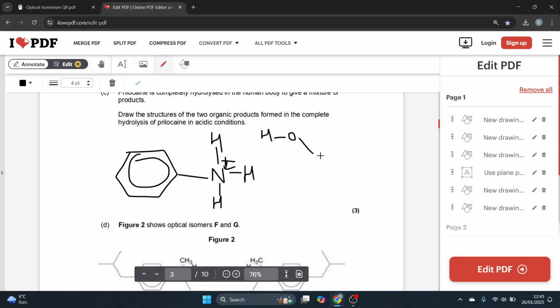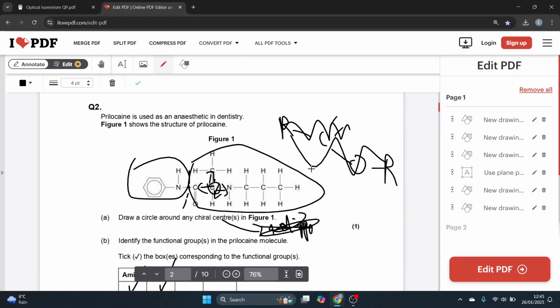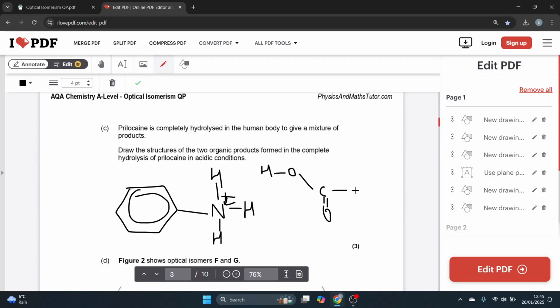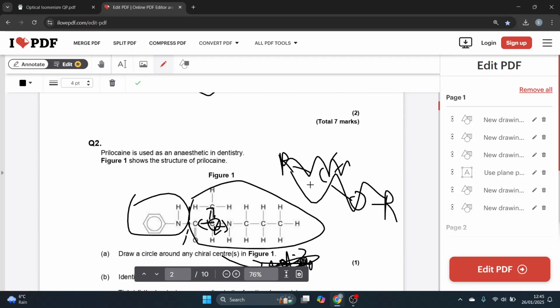I'm going to have HO, C double bond O, and then your remaining things. So CH, your methyl group CH3, draw out the individual hydrogen atoms, your NH, and then you just continue on.